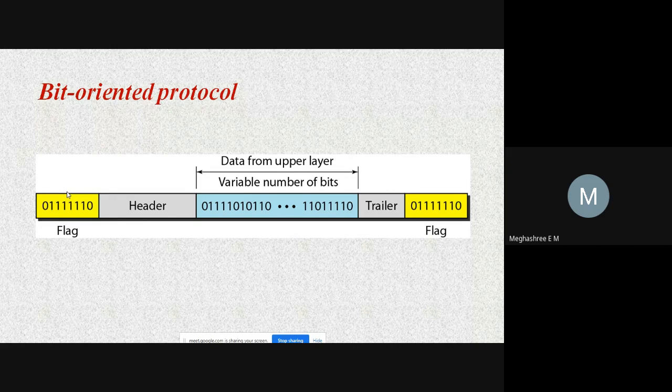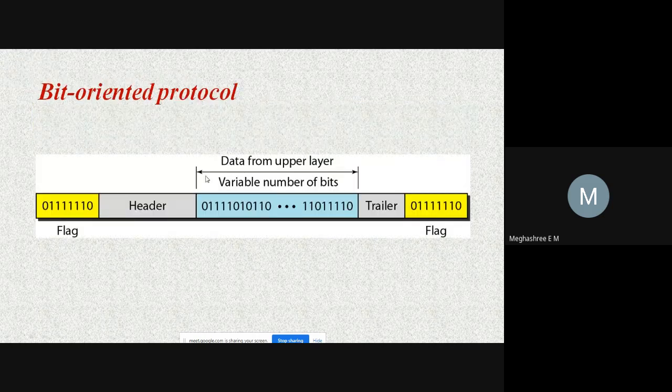There is no fixed rule here. This may be 15 bits, or this may be 18 bits, likewise. The size of the field is not fixed here. That means it need not be a multiple of 8. That is about bit oriented protocol, right?